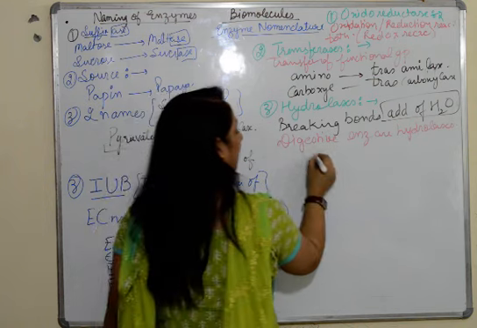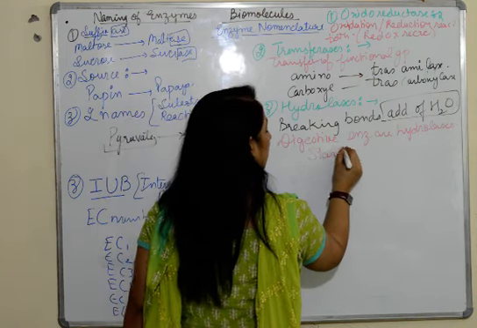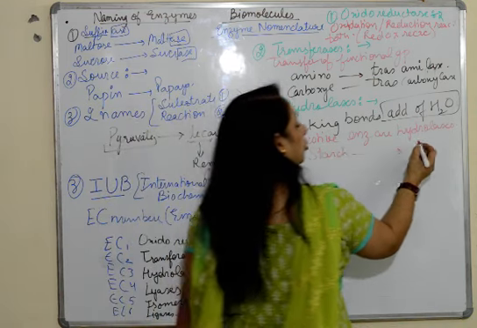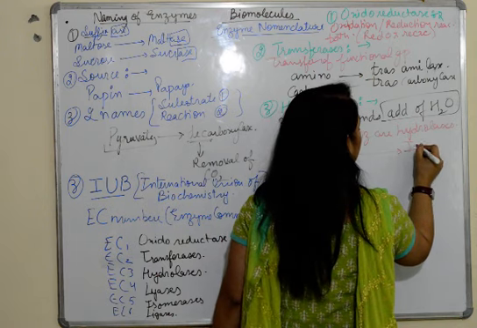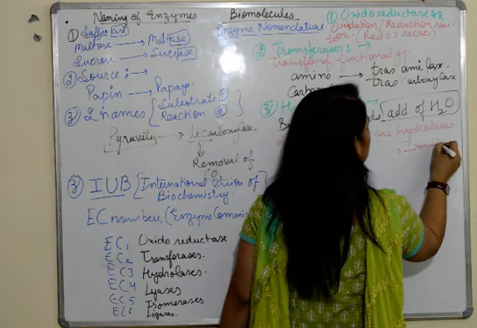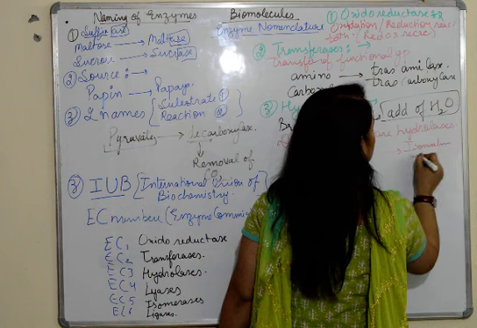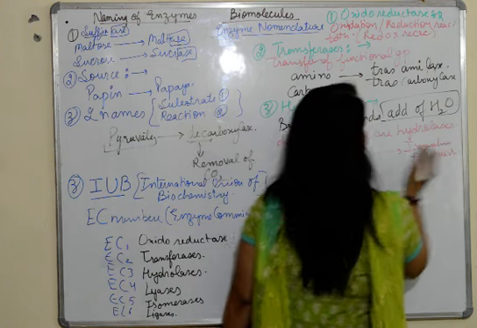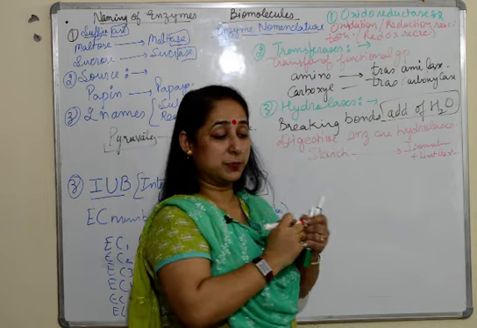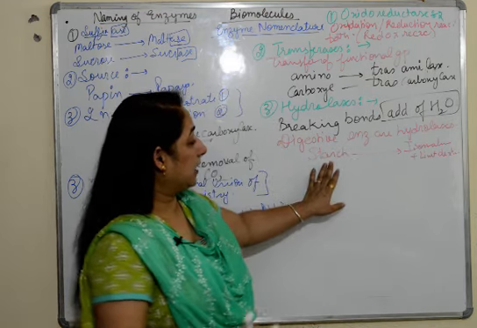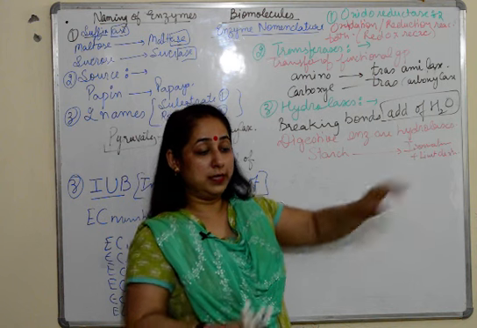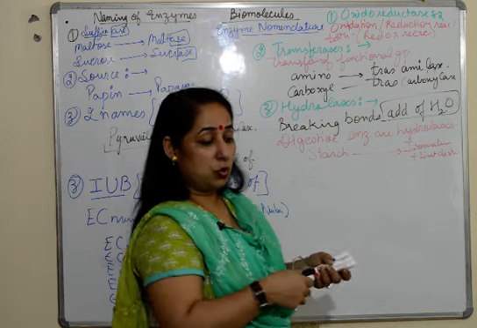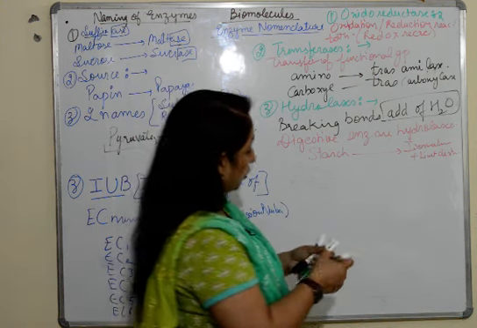Very common example is when starch is broken down to form maltose, isomaltose plus limit dextrins. Fine. Which enzyme is responsible for this breakage? The starch is broken into the limit dextrins, maltose and isomaltose.